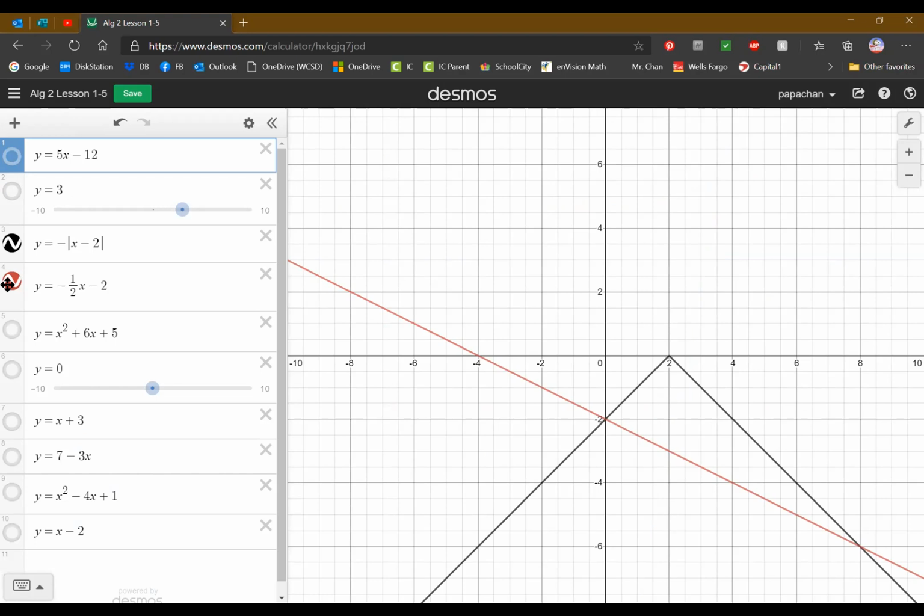Isn't technology great? Notice that if I hover, my intersection right there is 0, -2. And down here, it's 8, -6. Wonderful. Let's switch back to our notes and draw that in.